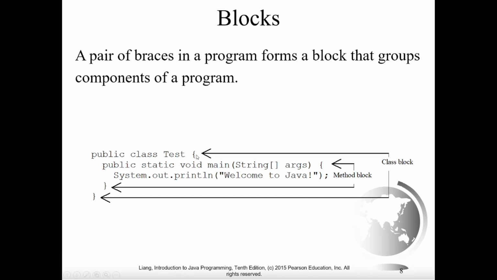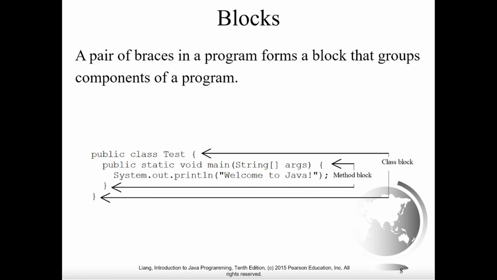So we have a class block. Inside a class block is the expected content that belongs to that class block. Our main method also has its block, the method block. Within this pair of curly braces, that's where the statements are placed.